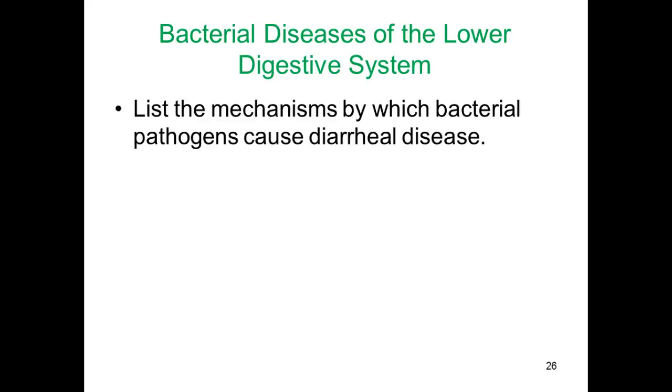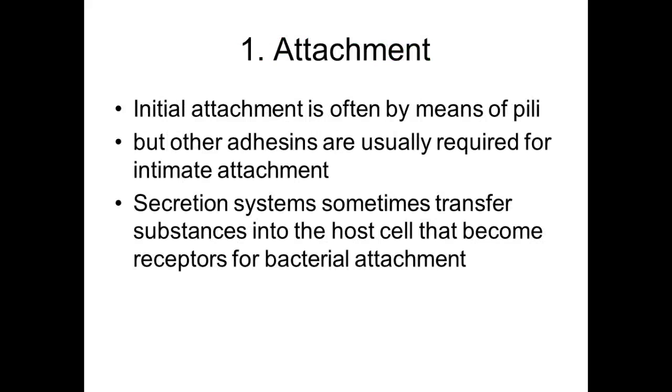List the mechanisms by which bacterial pathogens cause diarrheal disease. Remember, the very important thing, and this is true for all infections, is attachment, that initial attachment of the bacteria. One of the things that helps us in our digestive tract is the lining of mucus, and also the movement of material through the tract.